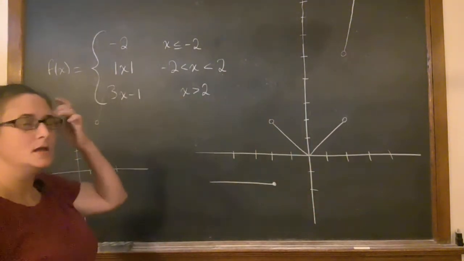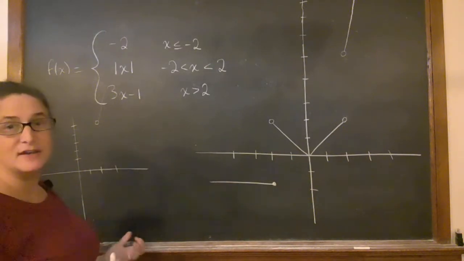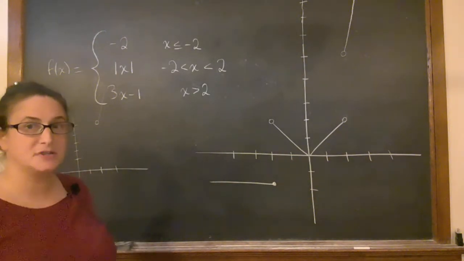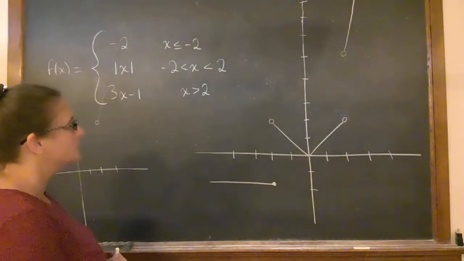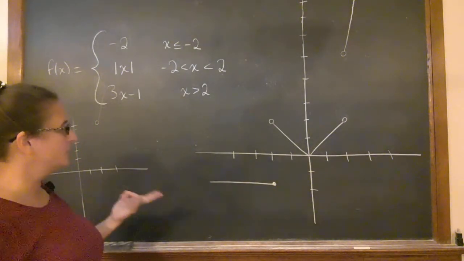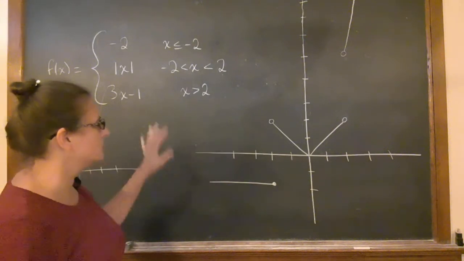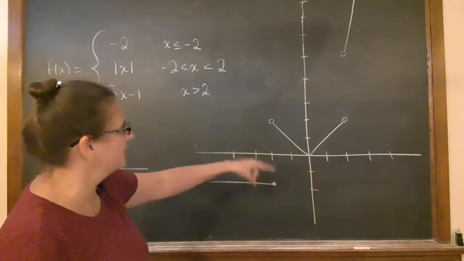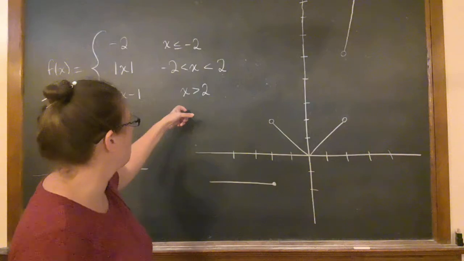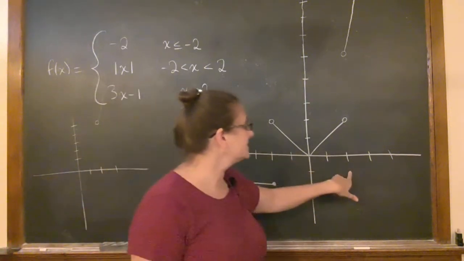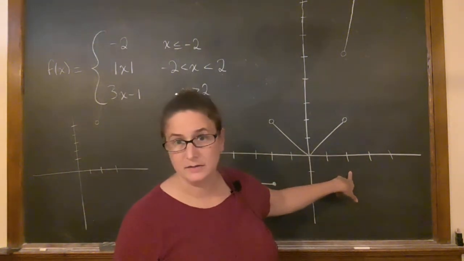All right. So this graph has a couple of things that I want to talk about. First of all, if you're asked for the domain, you'll notice that the natural domain of this, every point is defined except for one point. The point at x equals 2 has not been defined.